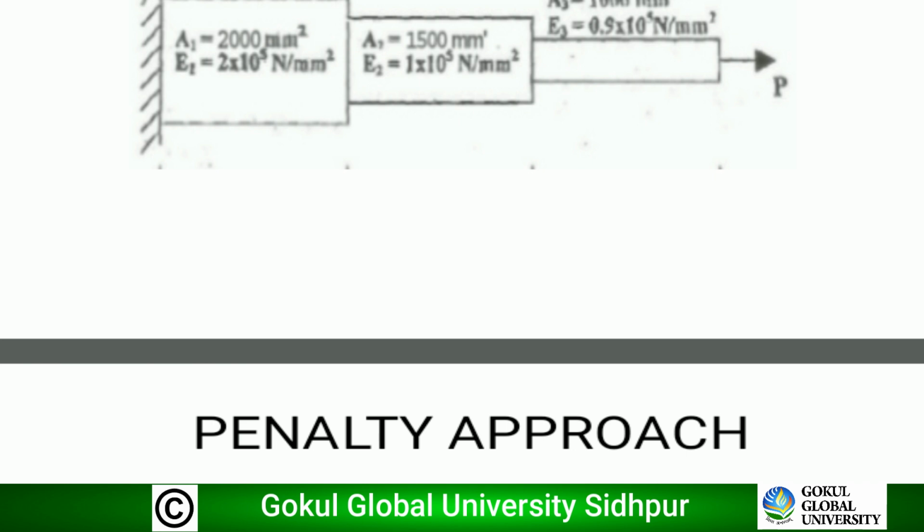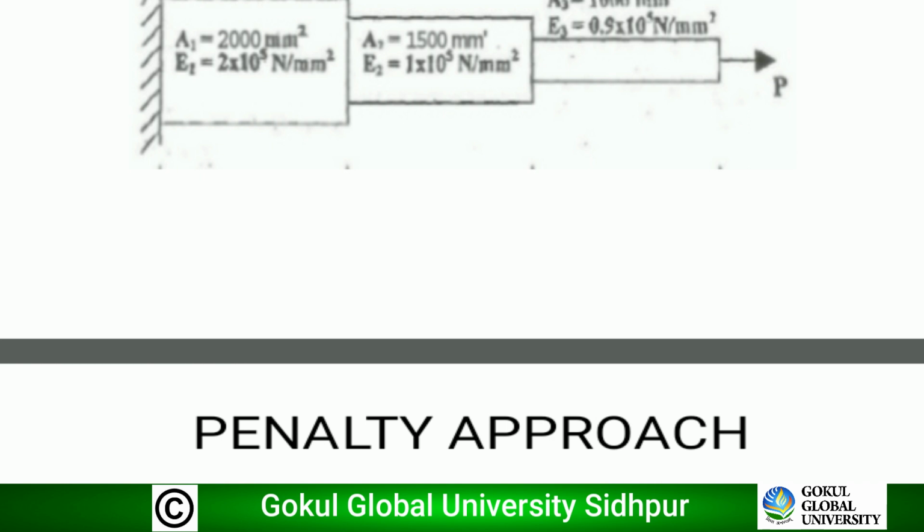Then you can go for the stress equation, that is sigma 1 and sigma 2, and the reaction forces. If those nodes are fixed, here node 1 and node 3, then you take the equation R1 is equal to minus C into Q1.